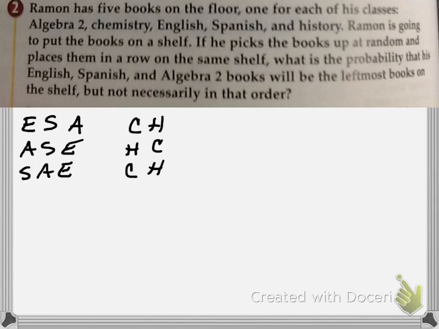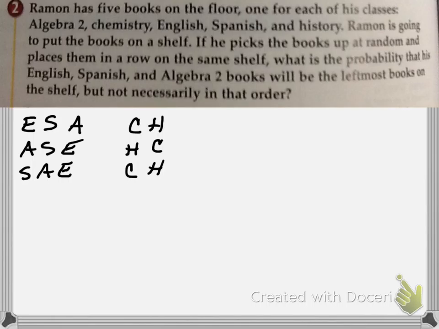Or what's the probability that if he just throws the books up there, he gets something like that. So what we have to figure out is, how many different ways can the E, S, and A go up there like that? How many different ways can the CH go up there like that? Over how many different random ways can 5 books go on a shelf?